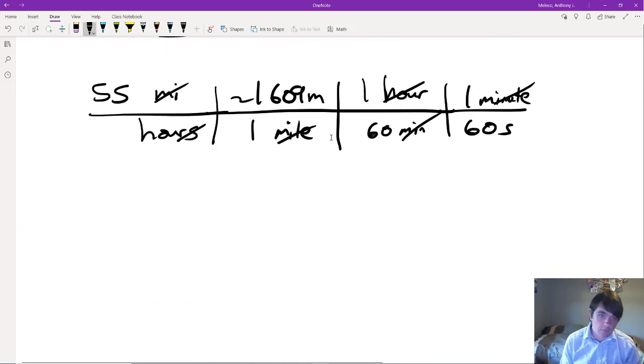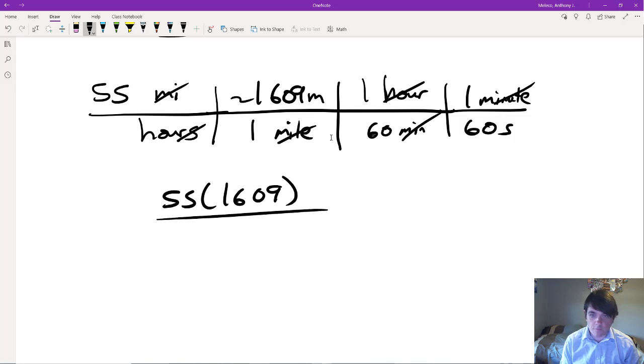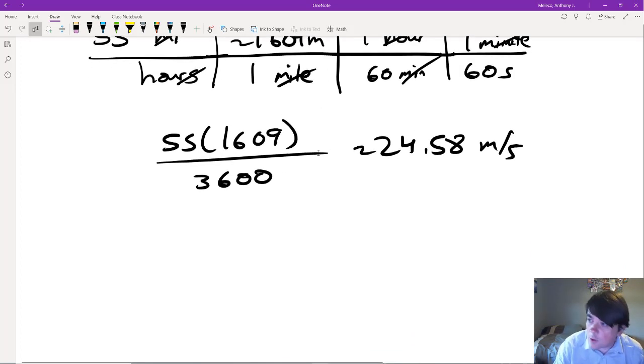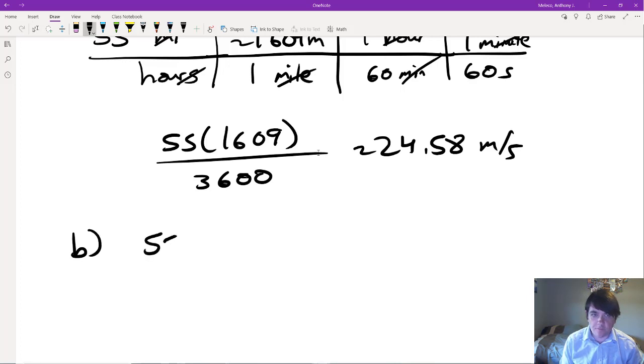So we do 55 times 1609 over 3,600, and this gives us roughly 24.58 meters per second. Okay. Now part B, we wanted to do 55 miles per hour into kilometers per hour.